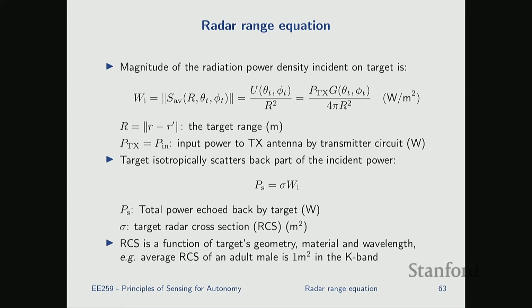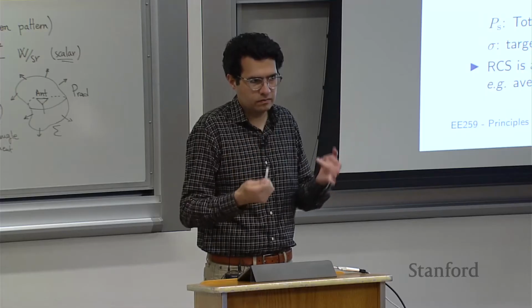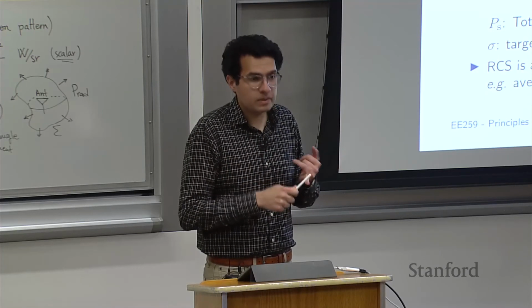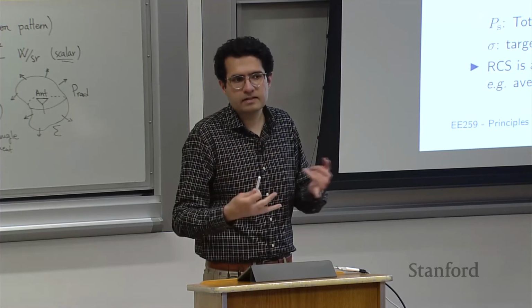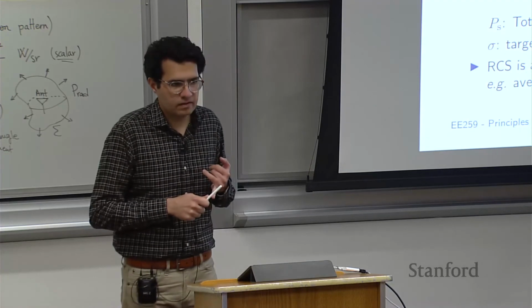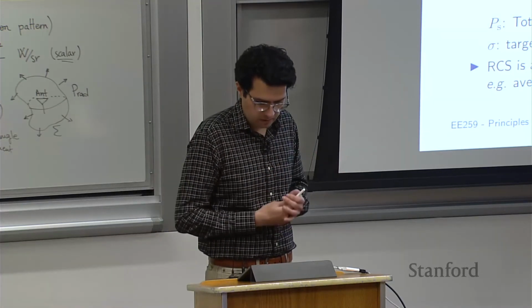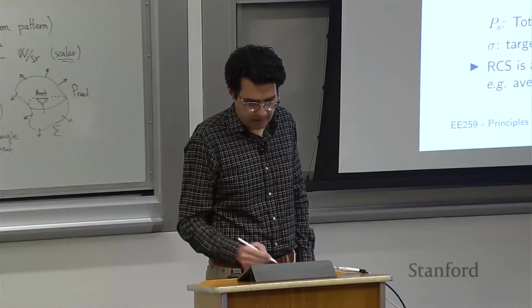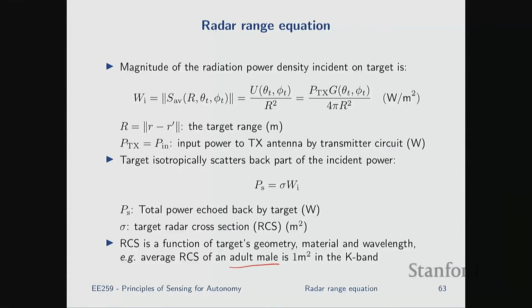It depends on three things basically that determine the RCS: the size of the target, of course, how big they are; the material that they're made of, like metallic targets typically have larger cross sections; and the wavelength at which we are operating. So it's a function of three things. For example, an adult male on average has an RCS of 1 square meter in the K-band, and K-band is like the 77 gigahertz frequency that these radars operate at.